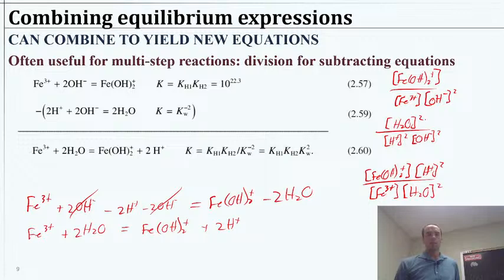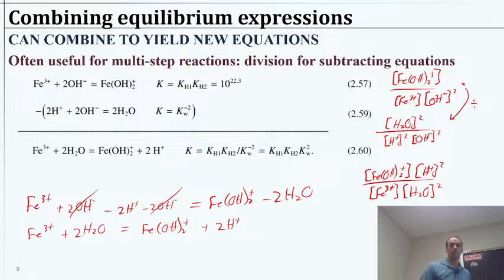Essentially, that's what we get if we take this one divided by this one, right? And we'll see that all arranges. So if we're subtracting, we can write it up that way and ultimately combine our equilibrium equations like this. Make sense?